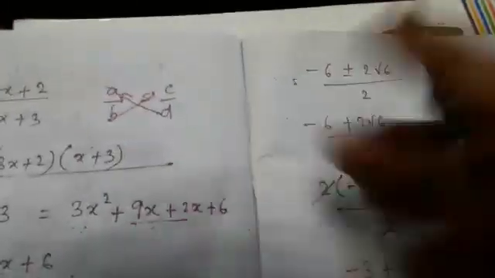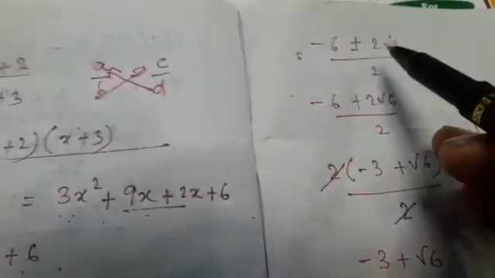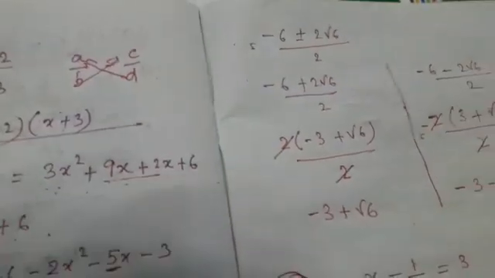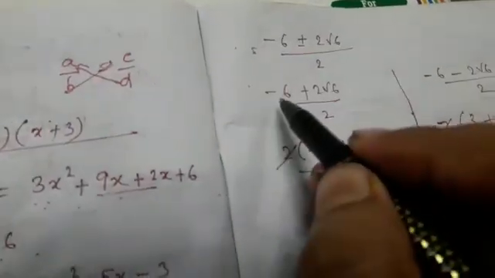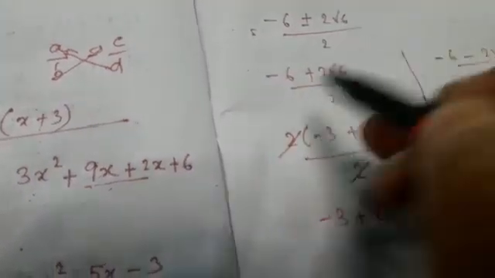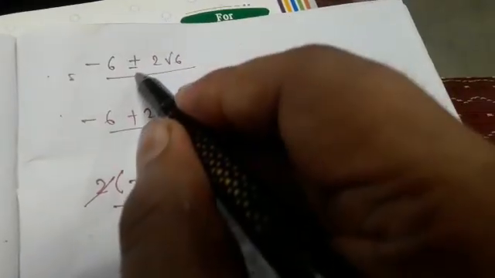So this question we can write as minus 6 plus minus, instead of root 24, you can write 2 root 6 by 2. Now you split it. So your one root is minus 6 plus 2 root 6 by 2, and the other one is minus 6 minus 2 root 6 by 2, right?